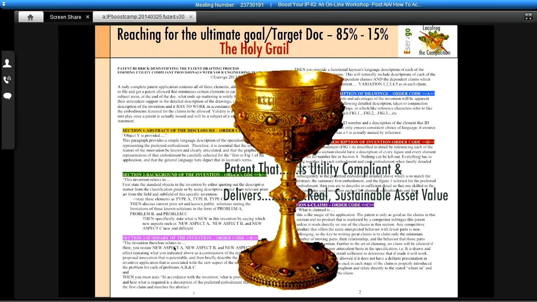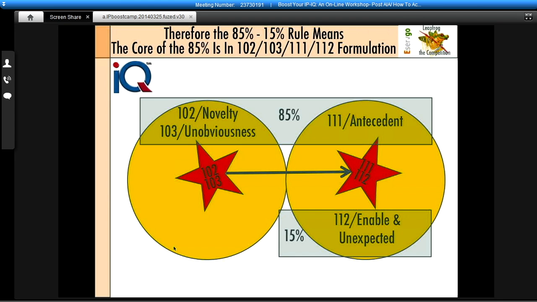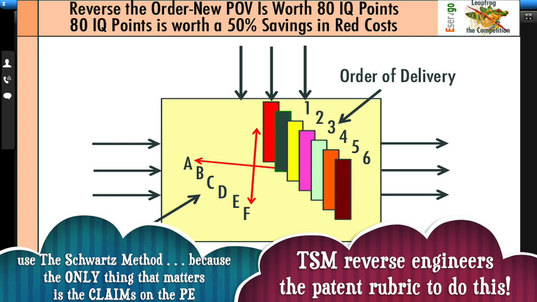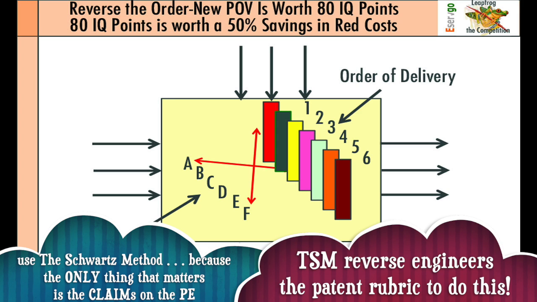We are going to reverse engineer this and separate the before and after AIA as we dig in a little bit further. So what we're going to do is have a look at the disclosure process from the point of view of how to make sure we have novelty and unobviousness, and that's the 85%, along with antecedent reference, and then the enablement and unexpected outcome, which is the 15%, is unique to each subject matter and niche quality.